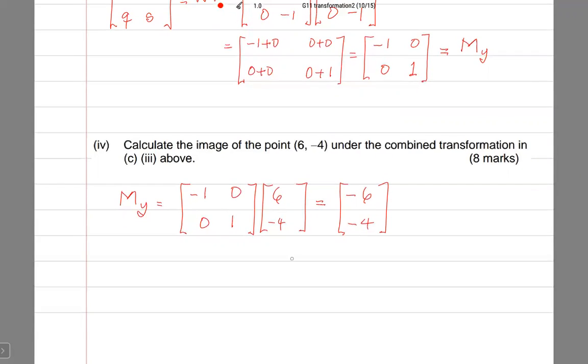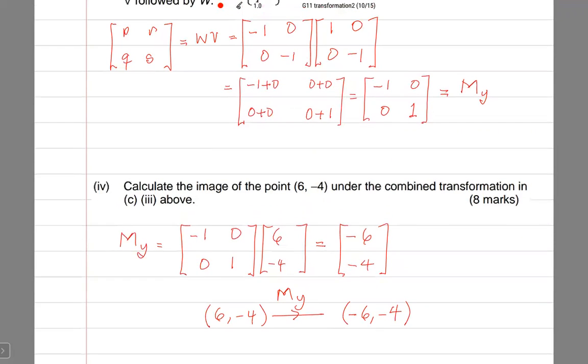So under My, the point 6, minus 4 is going to become the point minus 6, minus 4.